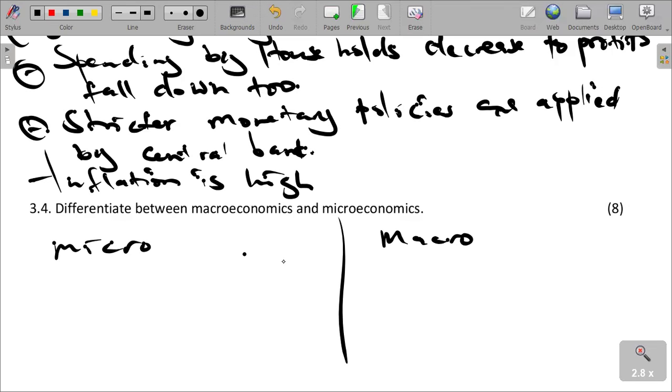It looks at individual performance of businesses, while macro looks at the economy as a whole, at a national level, versus at an individual business. Micro is at a small scale.